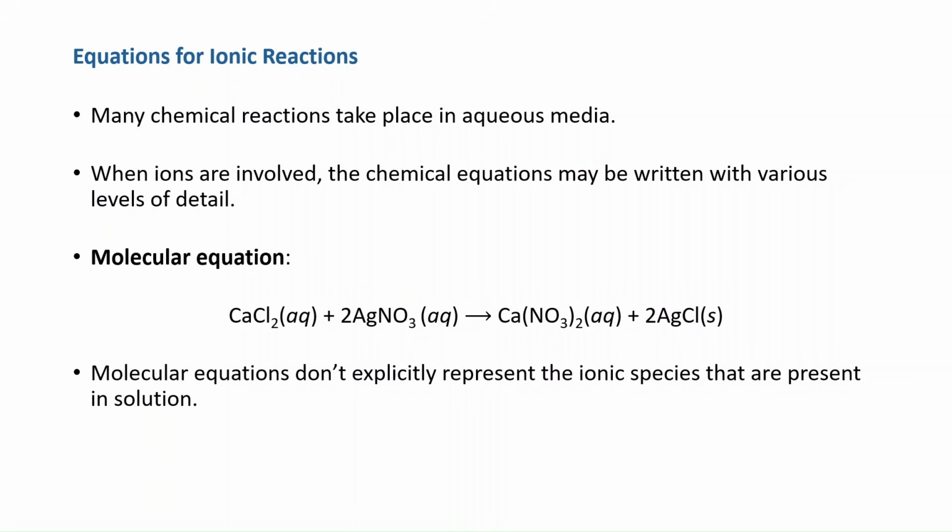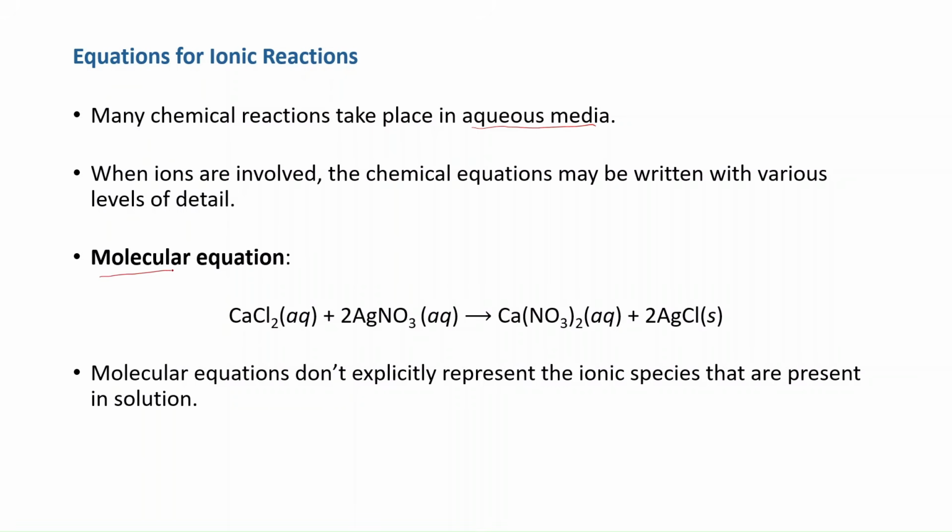With molecular equations, no big deal, but with ionic reactions, there's 3 different ways you can write them. Because usually they are in aqueous media, so you can write them at different levels of detail. Do you want to give every little bit of information? Do you want to make it simple? So there's 3 different types of equations you can write.